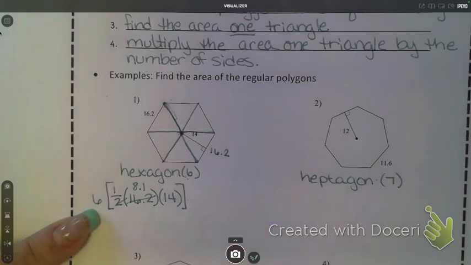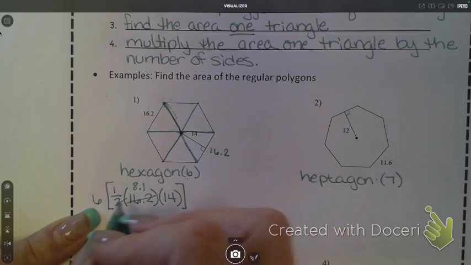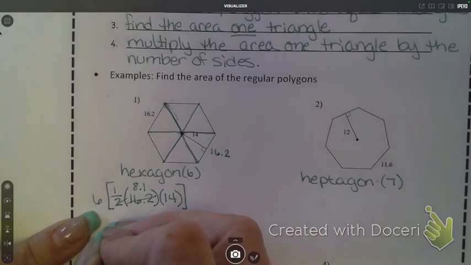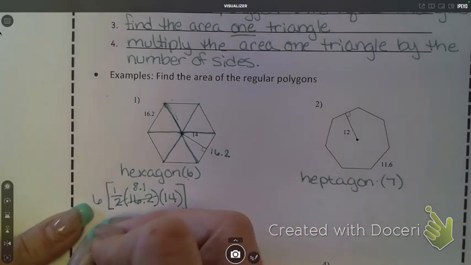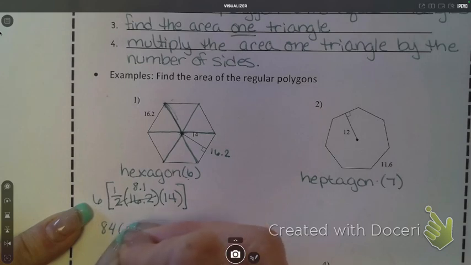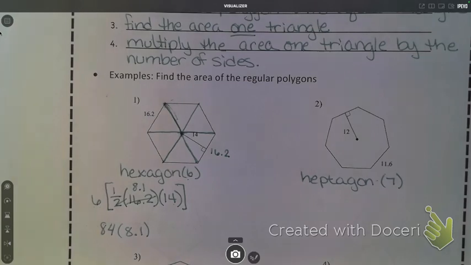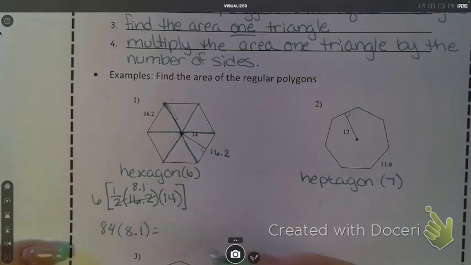I try to multiply my decimal only once, if I can. So 4 times 6 is 24, carry 2, 84 times 81, because it's basically 81 with one decimal place, yes? Okay, you multiply, I'll multiply, and we better get the same answer.